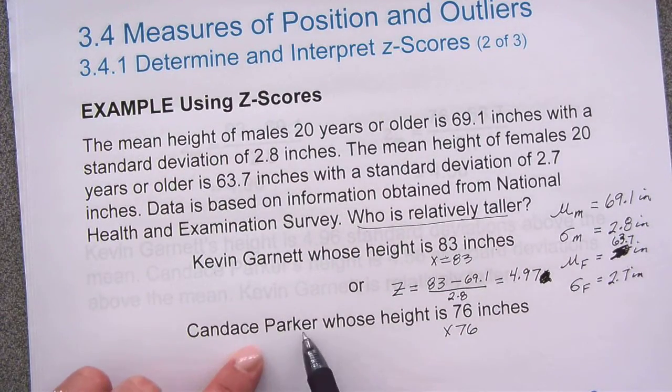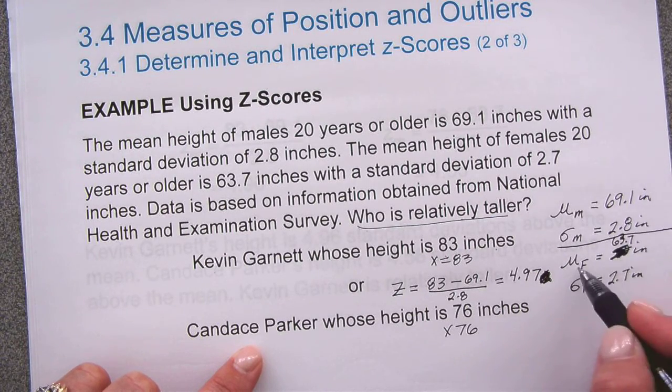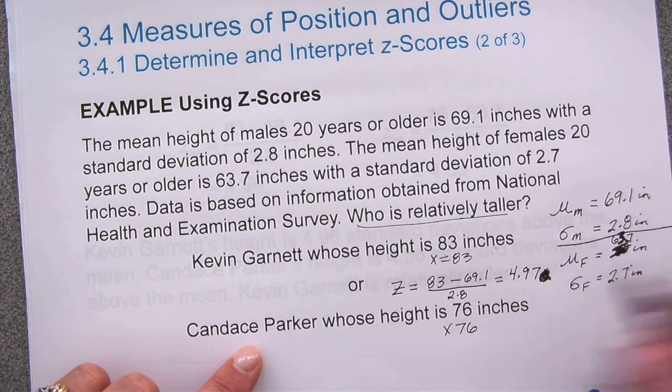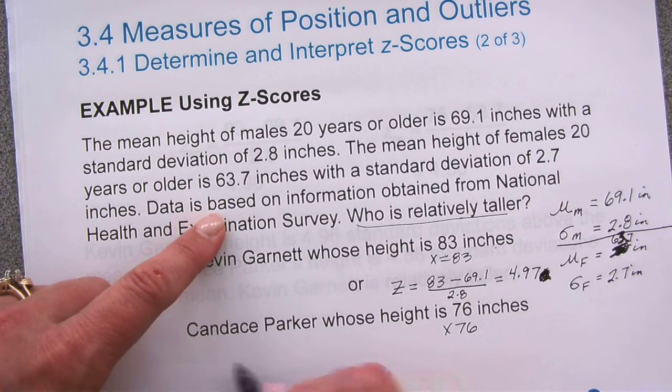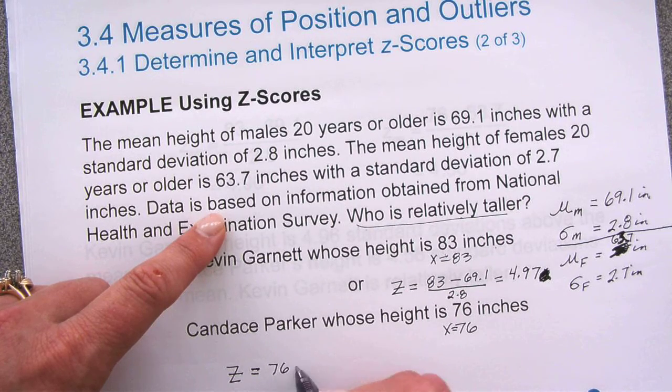Candace is also quite a bit taller than the mean for females, right? So the mean for females is 63.7. Okay, so the z-score for Candace is going to be her x value, 76, minus the mean for females, 63.7, divided by the standard deviation for females, 2.7.